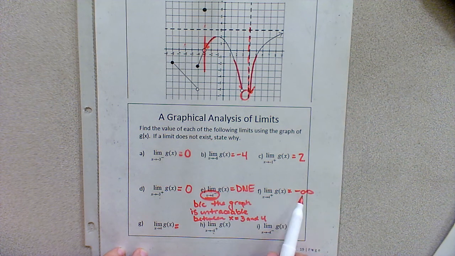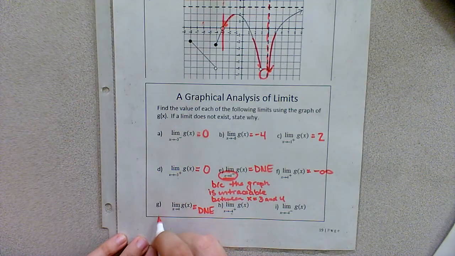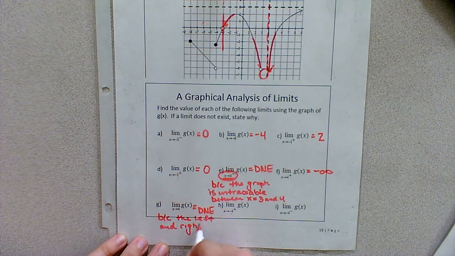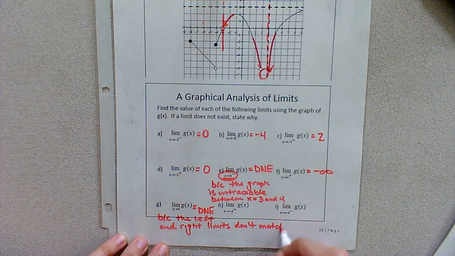Clearly does not exist, and -infinity don't match, and they're not real numbers. So this overall limit doesn't exist. Again, we can say because the left and right limits don't match or meet.